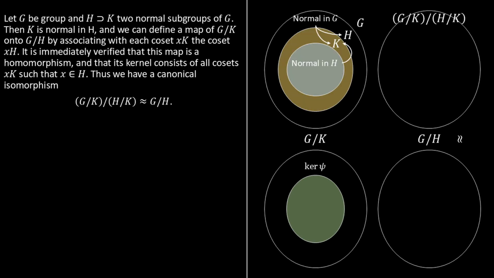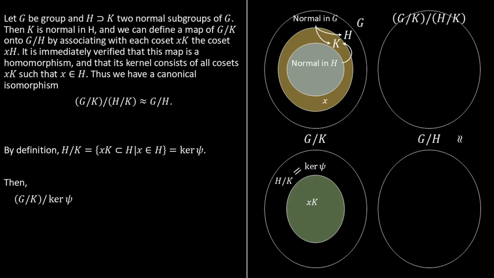Finally, thus we have a canonical isomorphism (G mod K) mod (H mod K) to G mod H. By definition, H mod K equals the set of all cosets xK in G mod K where x is in H, which equals the kernel of psi.